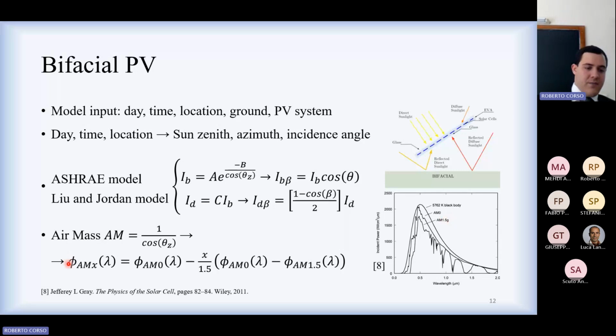And here we have this spectral distribution of solar light. Of course, we also have the constraint that the integral of these spectra must be equal to the beam component and to the diffuse component. In that way, we have a direct spectrum and a diffuse spectrum of solar light.